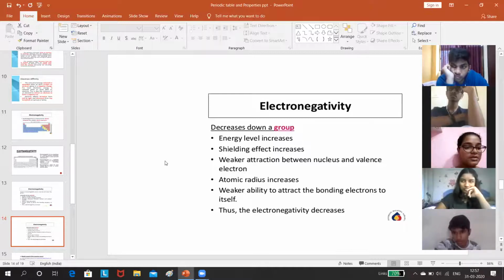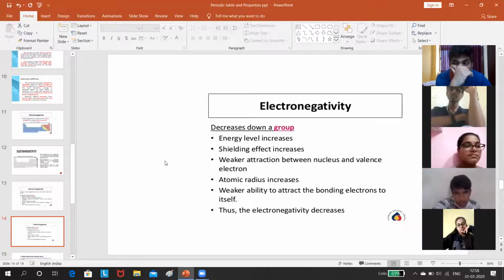So we can explain that the tendency of an atom to attract the shared electron pair towards itself is called electronegativity. The electron is not completely getting added to the atom here. In electronegativity, the electron is not added to the atom. The atom is attracting the electron.